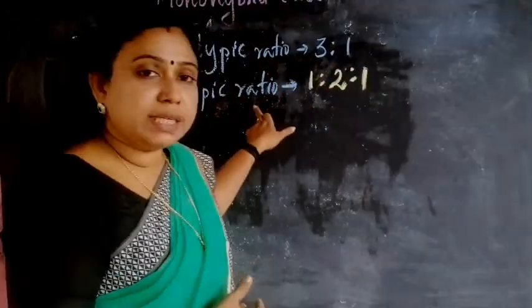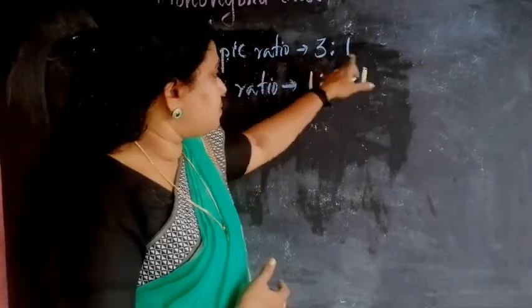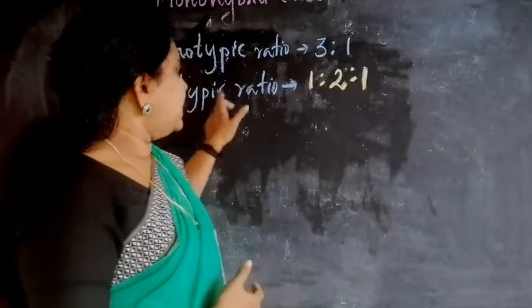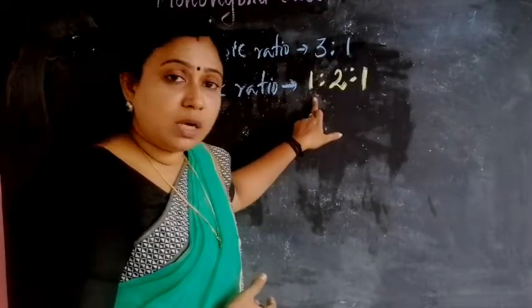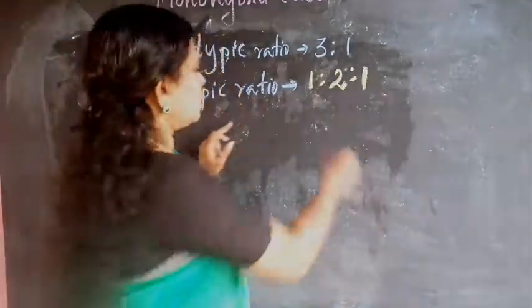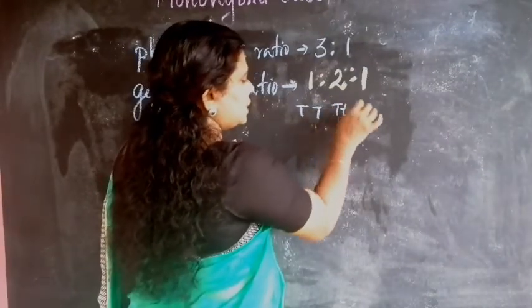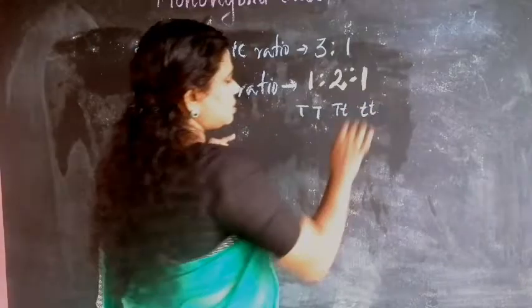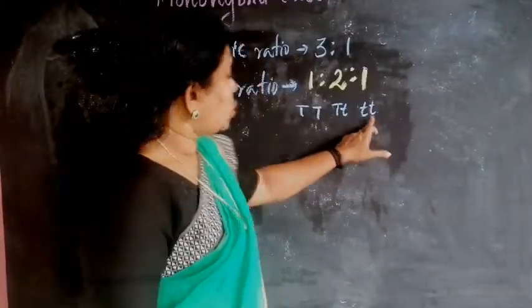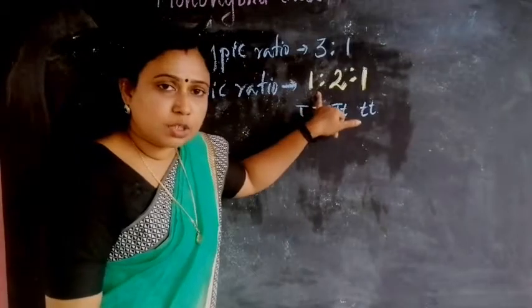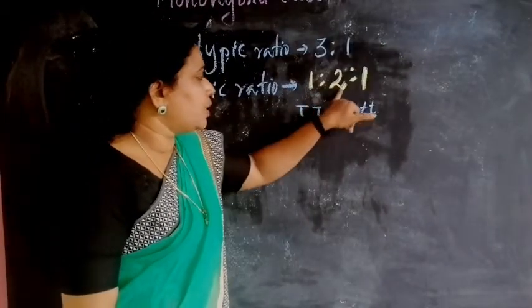What about the genetic representation of these plants for this character? The genetic representation is 1 capital T, 2 capital T small t, and 1 small t. So we can write the genotypic ratio of a monohybrid cross as 1:2:1.